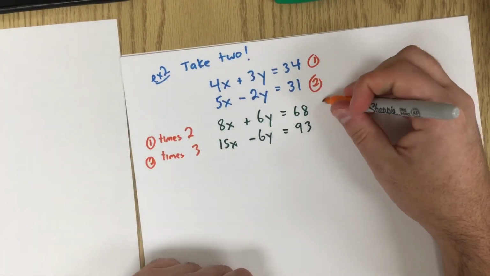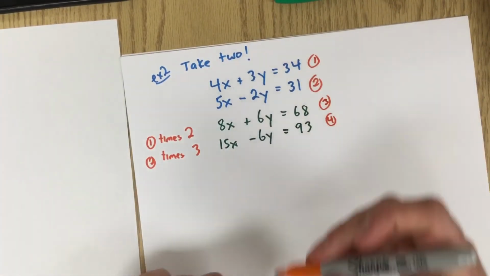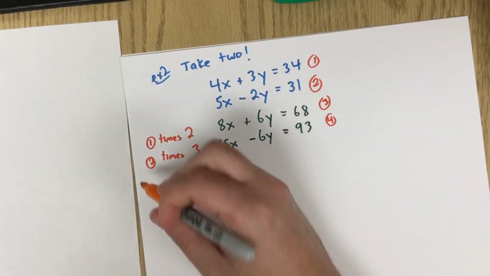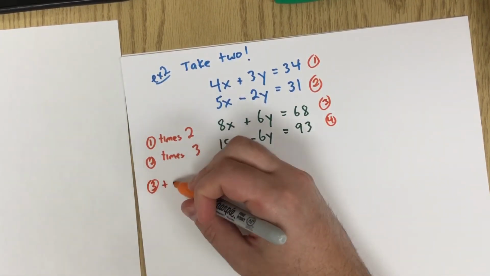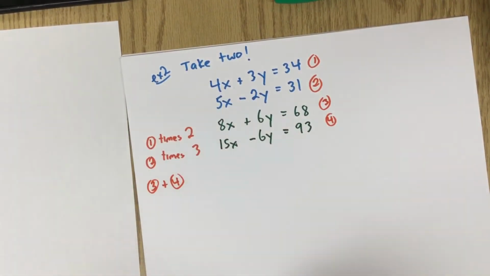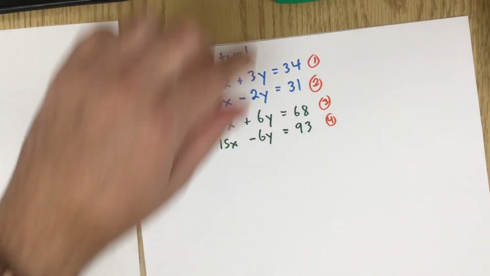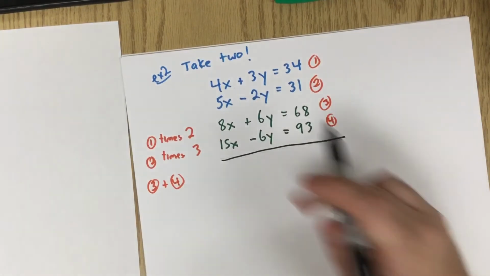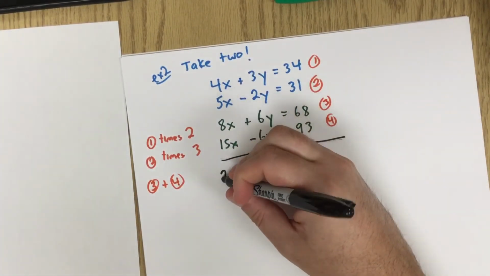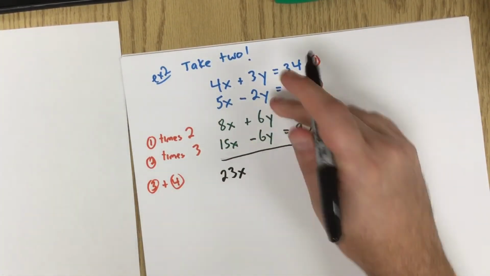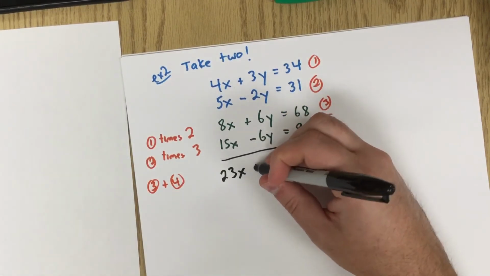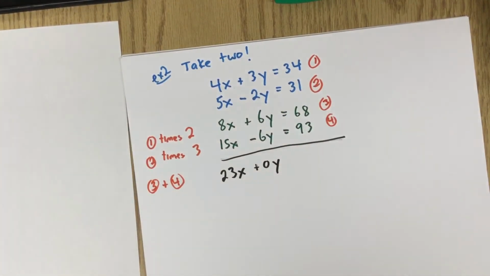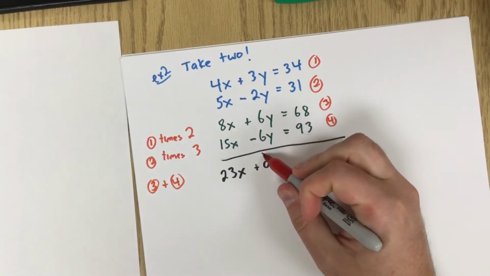So this is equation 3 and this is equation 4, and I can add up 3 and 4 actually. 8 plus 15 is 23x. 6 plus minus 6 is plus 0y. So yay, that one got eliminated.